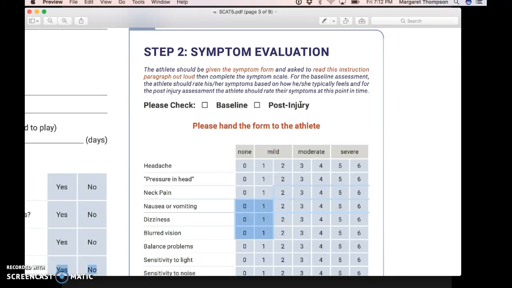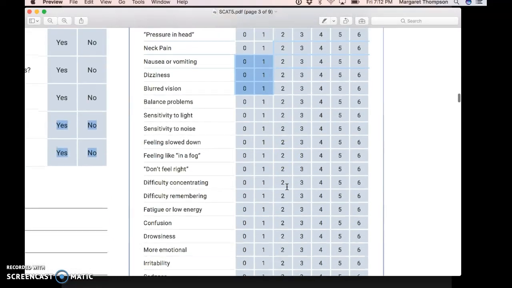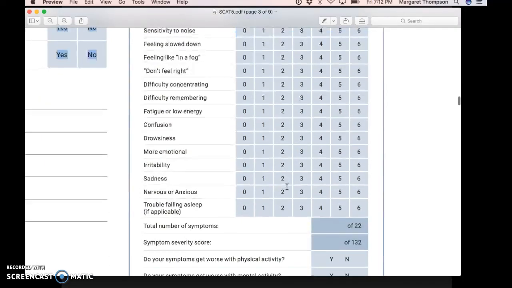An important aspect of concussion assessment is to do a baseline assessment. So you hand this to the patient, and if they don't have a headache, they're going to circle 0. If they do have a headache, they're going to rate it from a 1 to a 6. Okay, so with your symptom report, they're reading all of these things and responding. If they don't have it, it's a 0. If they do have it, they're rating it from a 1 to a 6.